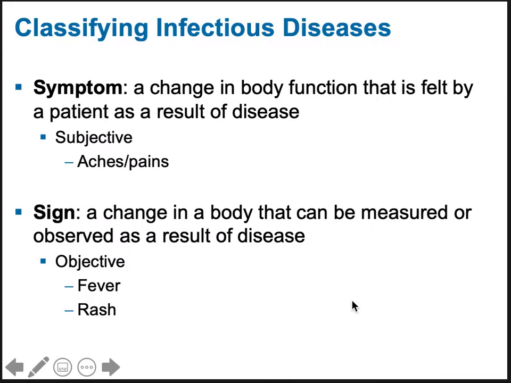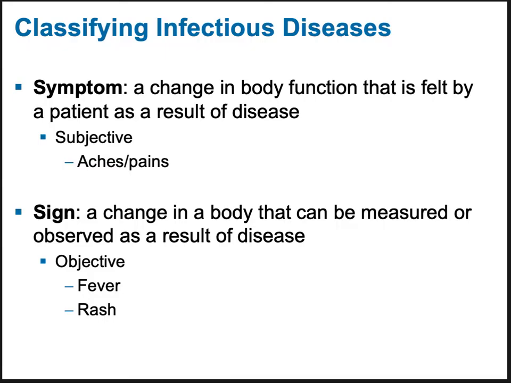Okay, so there are symptoms where you feel it, right? Like aches and pains, but we're not really able to measure that. It's subjective. Whereas a sign would be something a physician or anybody could actually observe as a result of disease.